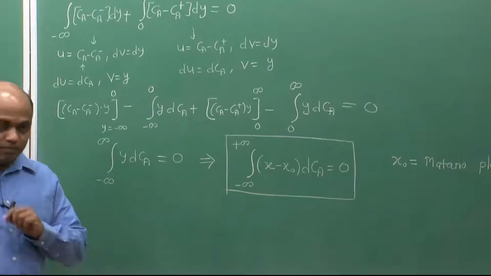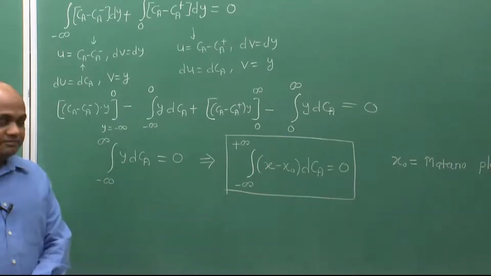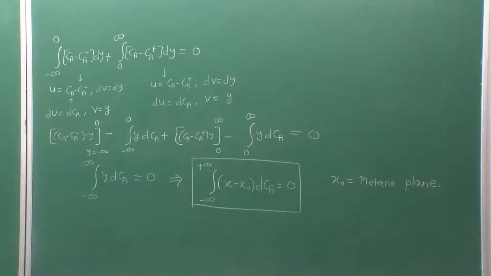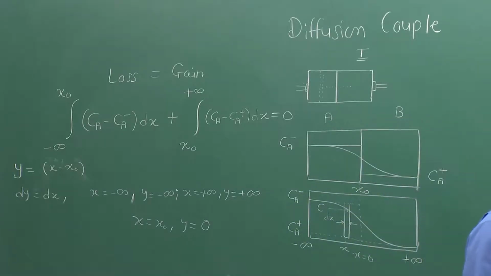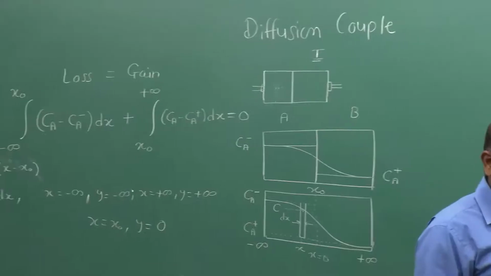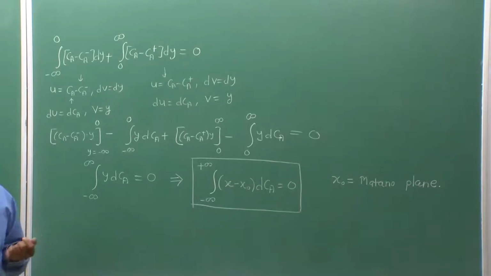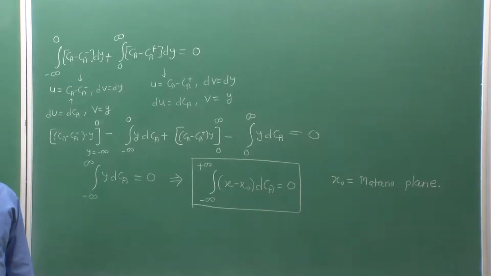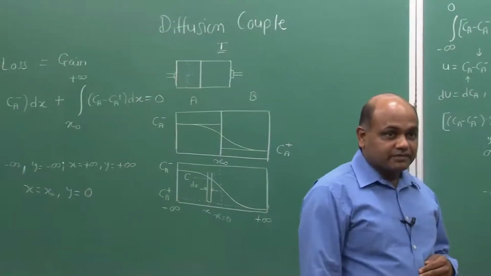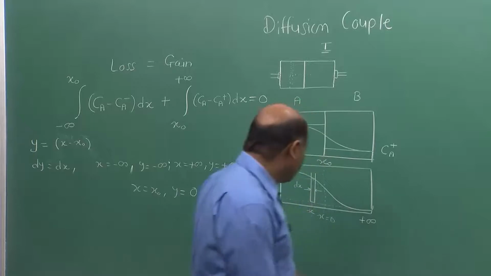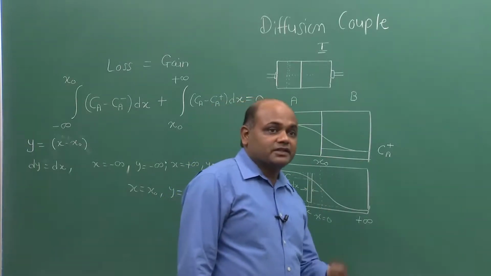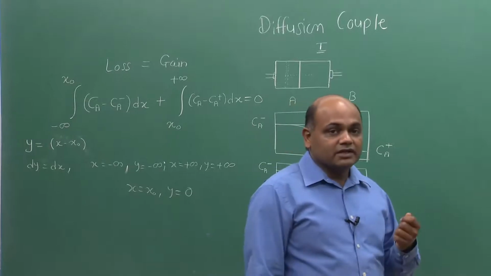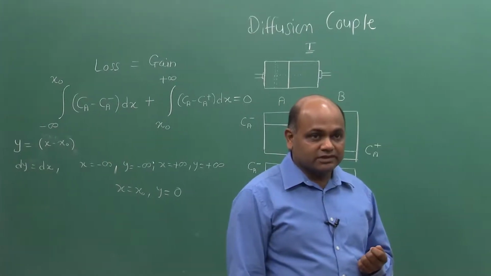Now, we need to note 2 points here. First, we obtained this equation independent of the number of components, which means whether we are considering a binary couple, ternary couple or quaternary couple, this should be applicable. But there is also another condition with it, because we want to use the Matano plane as the reference plane for finding out interdiffusion fluxes and interdiffusion coefficients.